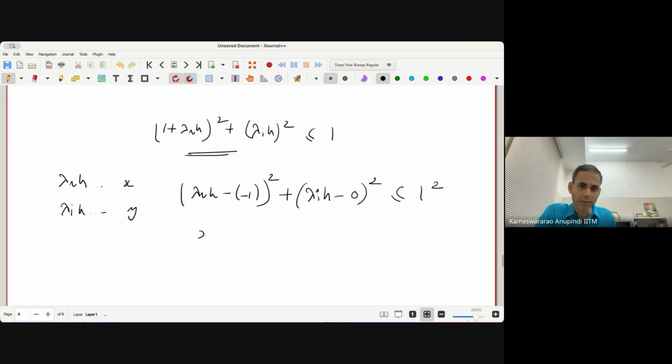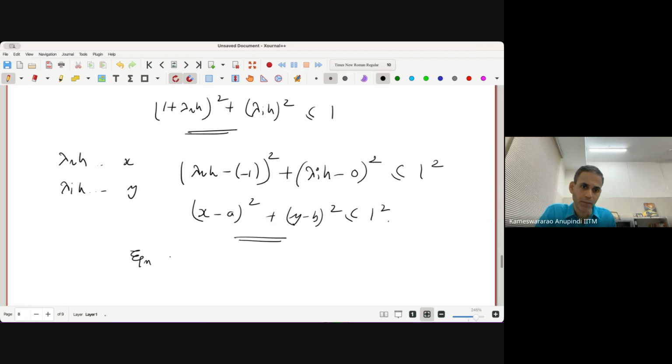So what I have is (x minus a) square plus (y minus b) square less than or equal to 1 square. What is this? This is the equation of a circle with center at (a, b) and radius of 1.